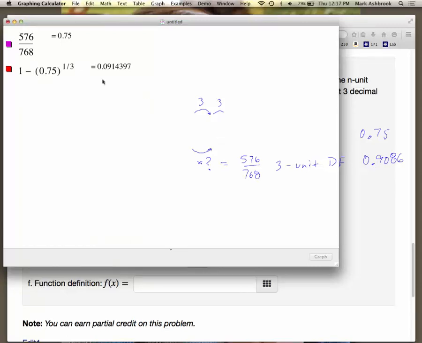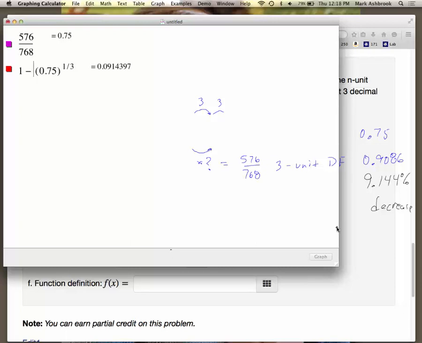The percent decrease looks like 9.144. So 9.144% decrease, or negative 9.144% change. If you call it decrease, it's positive.